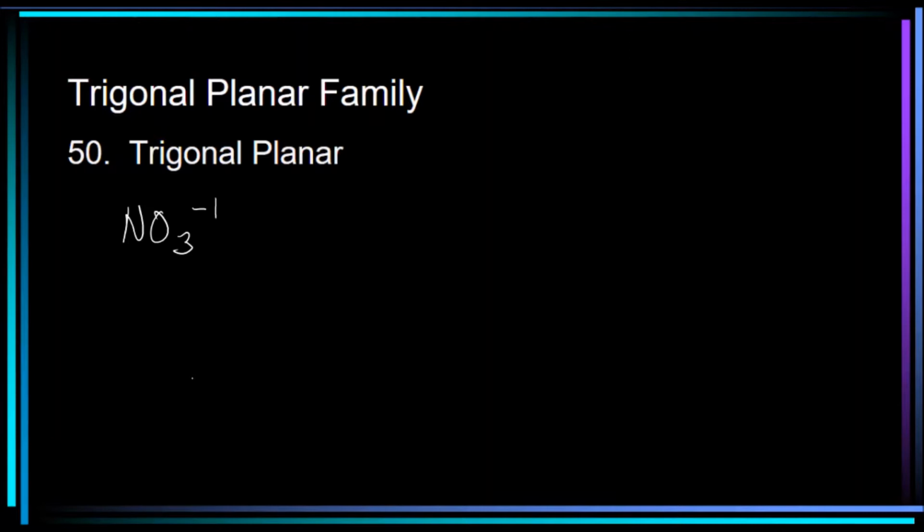Thank you, Jasmine. Nitrogen, how many? Oxygen, how many? Times. And what does the minus 1 mean? Do we take away 1 or do we add an extra electron? All right, so what is 5 plus 18 plus 1?